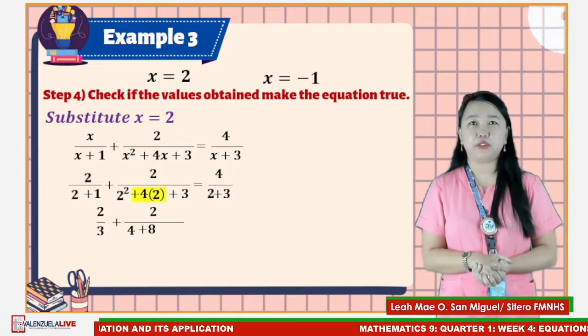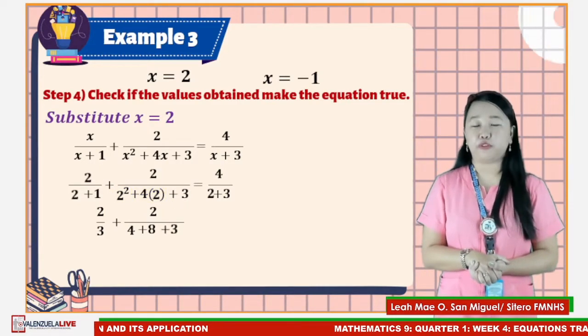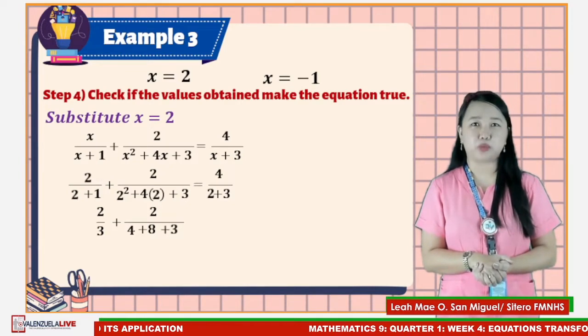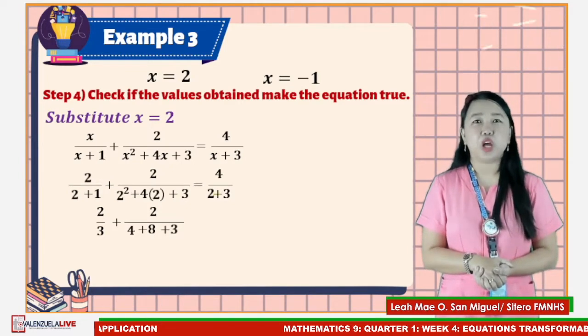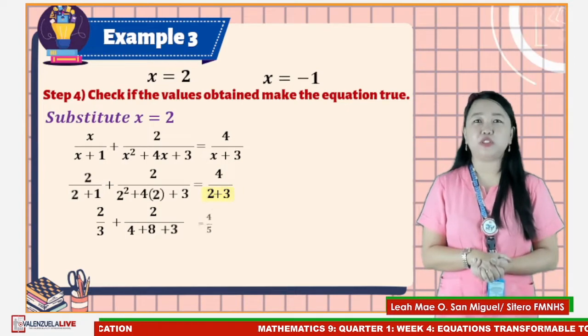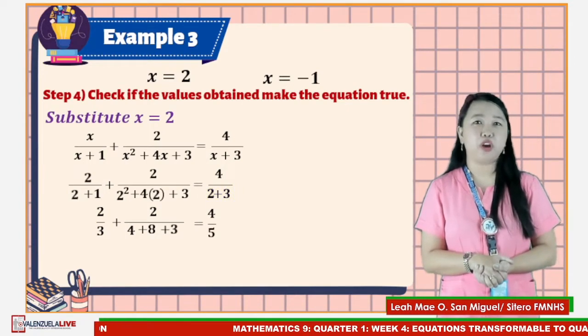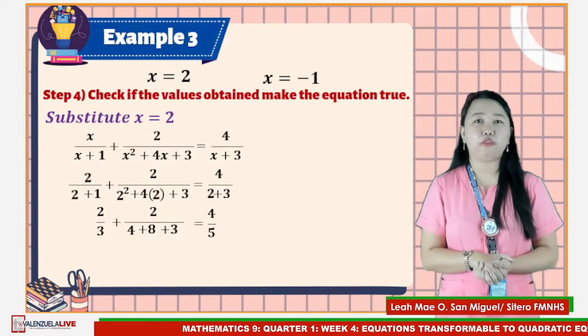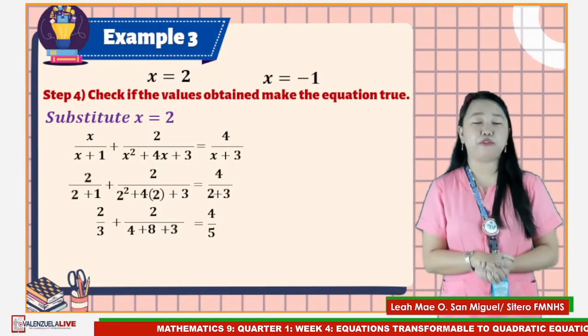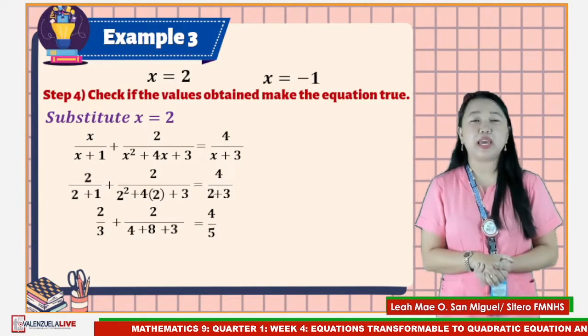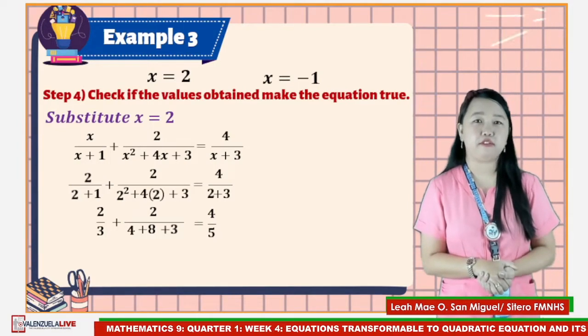So we have 2 over 4 plus 8 plus 3, and 2 plus 3 is equal to 5. Then we have 4 over 5. Therefore, 2 over 3 plus 2 over 4 plus 8 plus 3 is equal to 4 over 5.